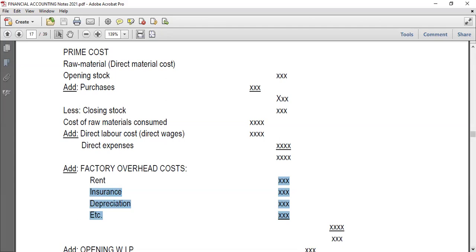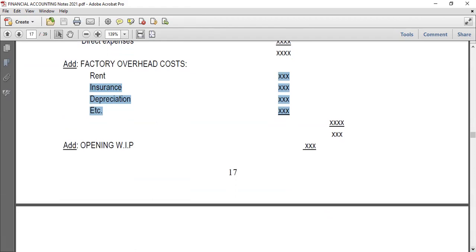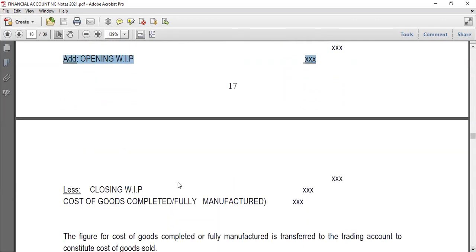One of the other key components when it comes to manufacturing accounts is the opening work in progress and then the closing work in progress, okay? When we are calculating our cost of goods completed or fully manufactured, we add the work in progress we started with, our opening work in progress, and then we less any closing work in progress.